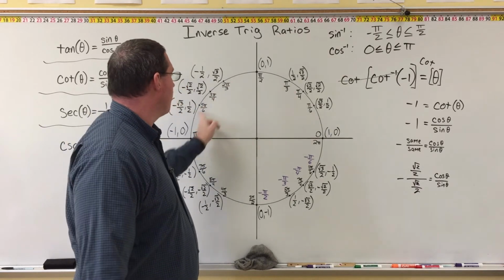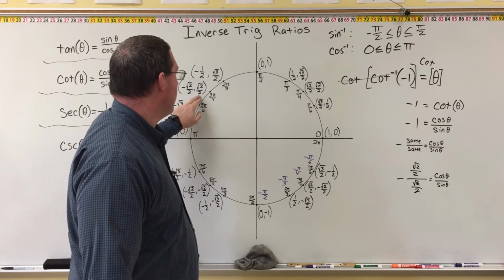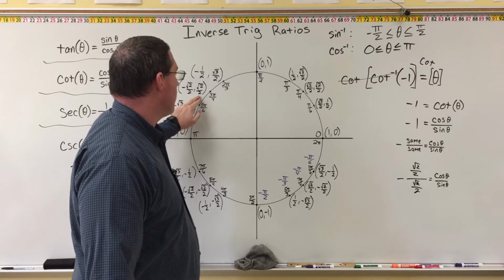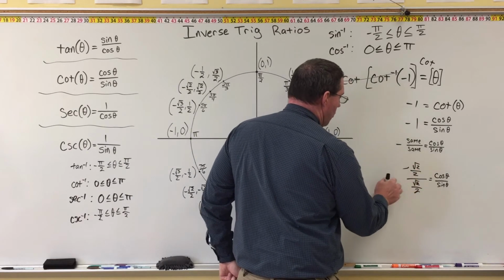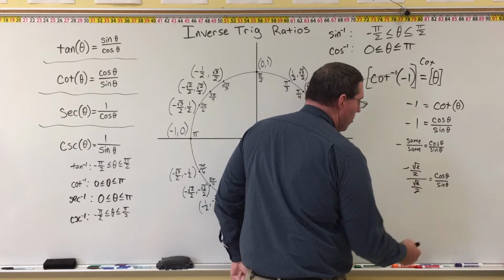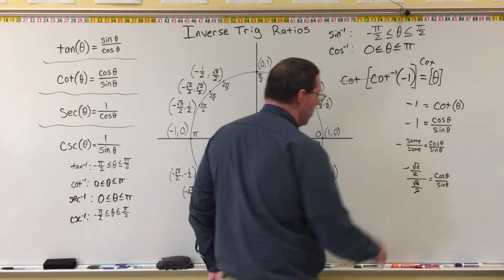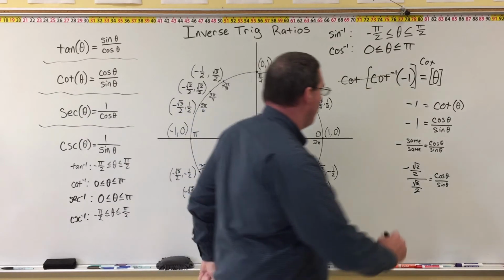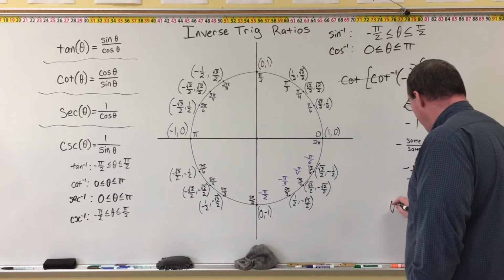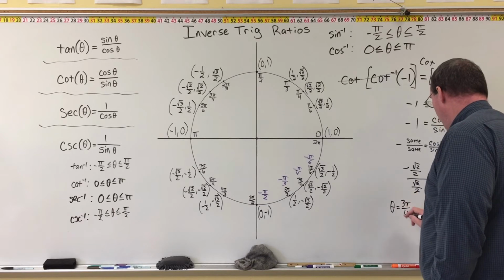The only one that's on the interval from 0 to pi is where the x is negative and the y is positive, or cosine is negative and sine is positive. Therefore, this negative has to go on the numerator. So what is the theta angle where cosine is negative square root of 2 over 2 and sine is square root of 2 over 2? It's right over here. It is 3 pi over 4, and therefore the answer for theta here is going to be 3 pi over 4.